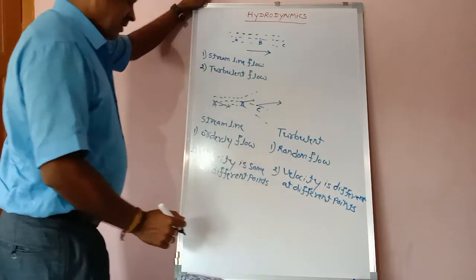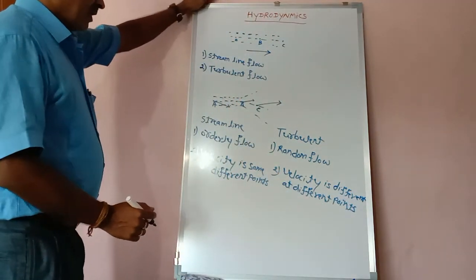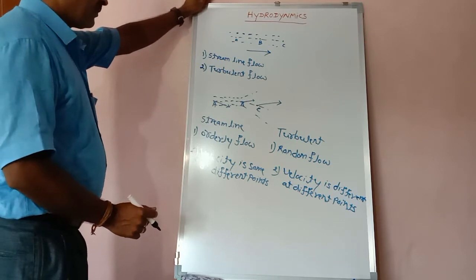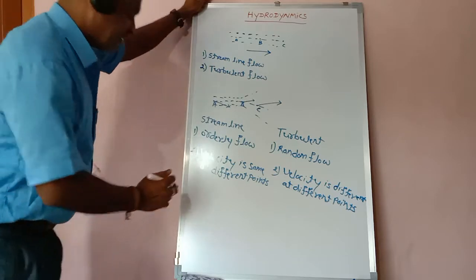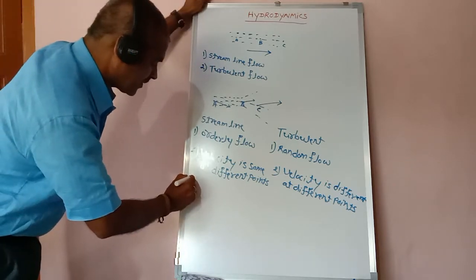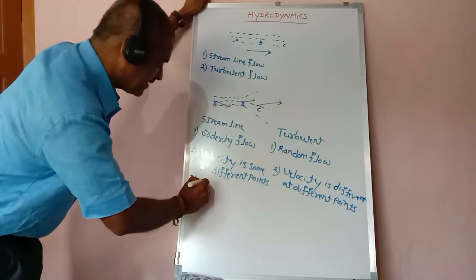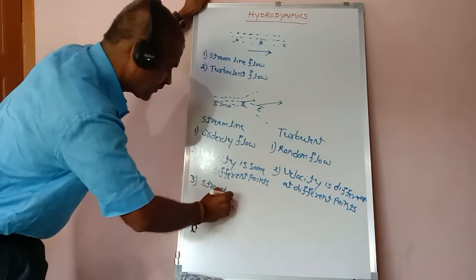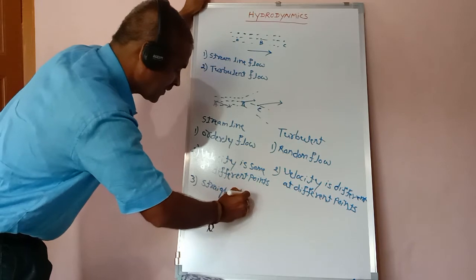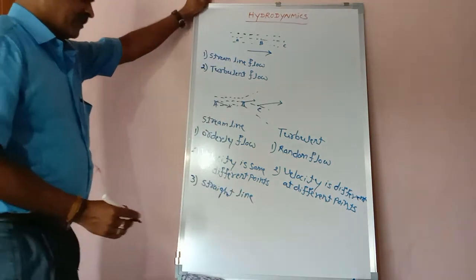So here, the tangent drawn in streamline flow gives a straight line, straight line flow.